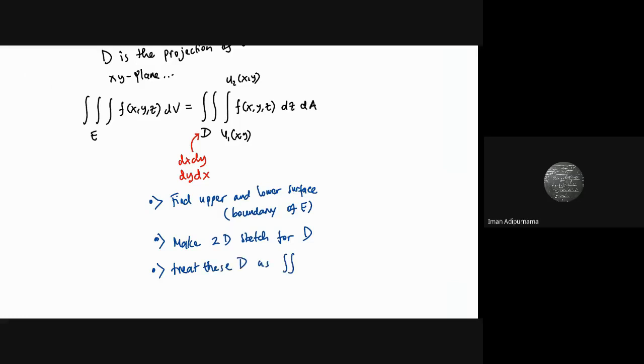Okay, get it? So this is what I have summarized, at least the introduction for the triple integrals of our general region. E is our general region for a solid.